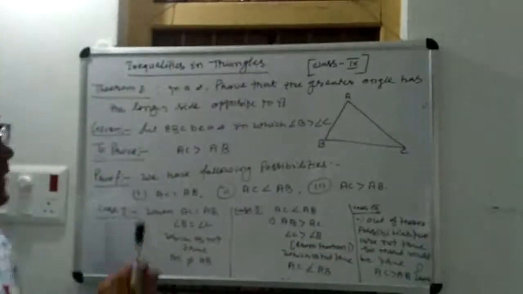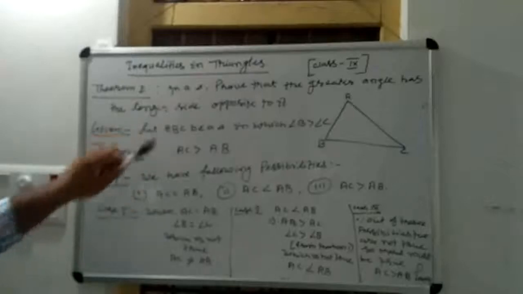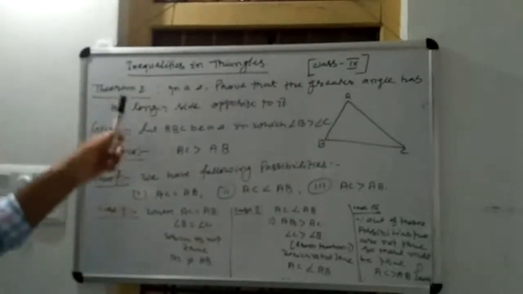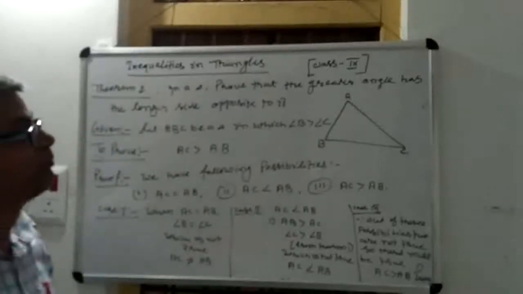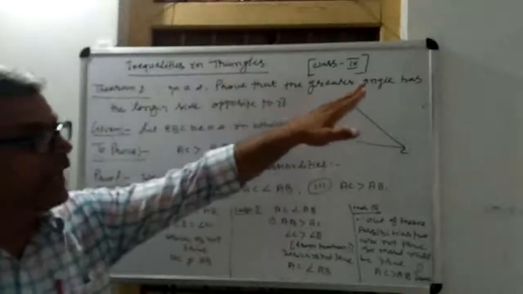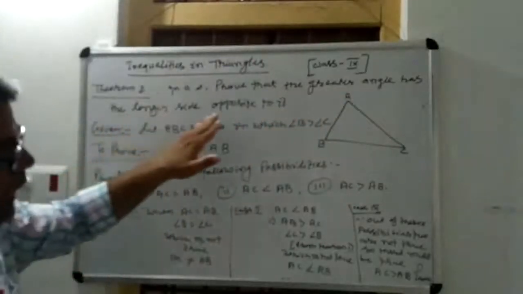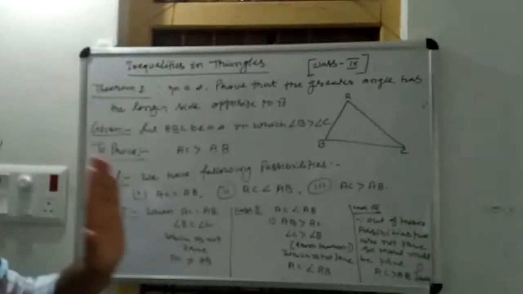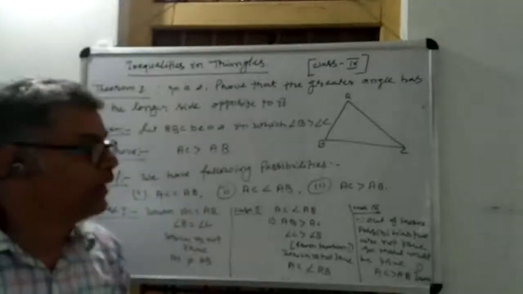So let's see once again how this is solved. Our second theorem is, in a triangle, prove that the greater angle has the longer side opposite it.